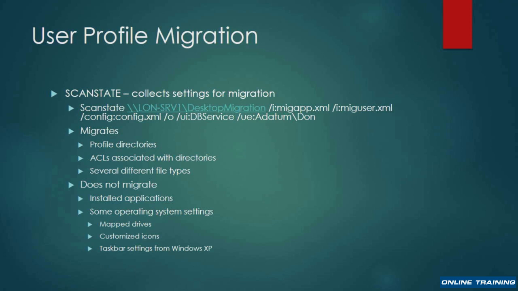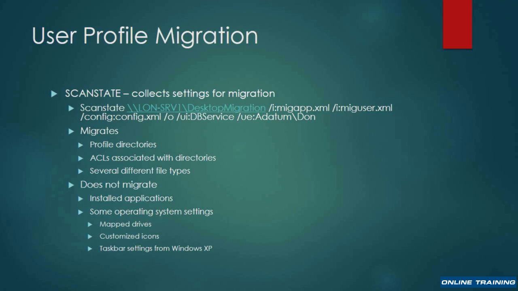This would migrate profile directories. It would migrate the access control list associated with the directories and several different file types. It will not migrate installed applications, and there are some operating system settings that don't get migrated as well. Mapped drives is one of those. That's not a big deal. We do that through login scripts or group policy preferences.